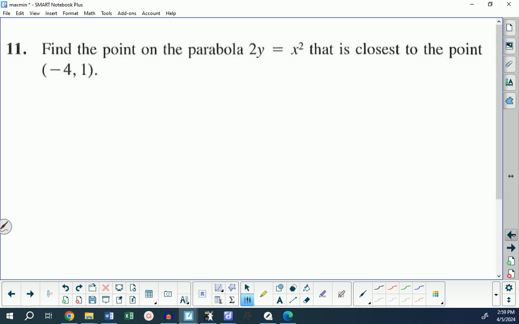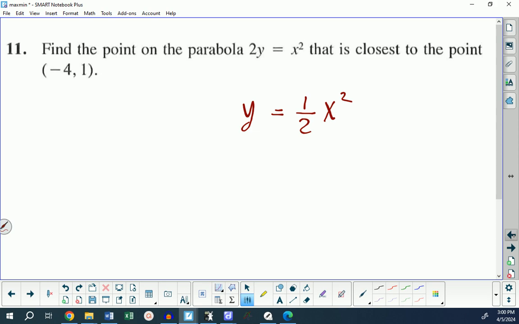So find the point on the parabola 2y equals x squared that is closest to a particular point. By the way, this parabola is also known as y equals 1/2 x squared, right? The reason why most students in calculus in high school in Alberta will look at this and go, I don't really know what to do, is we used to teach in Math 10 something called coordinate geometry.